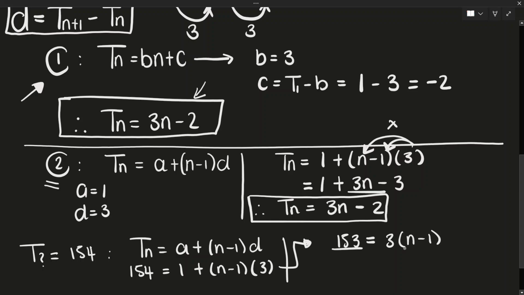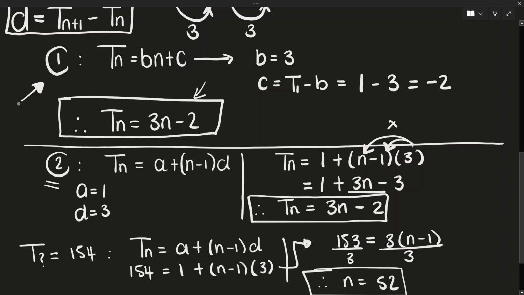You can now divide both sides by 3. Therefore, n is equal to 52. Right? Now, this would have equated to 51, but then I already just added the 1 over there to give you n is equal to 52. That's a pro of that second formula.